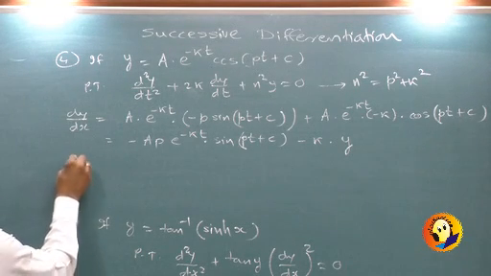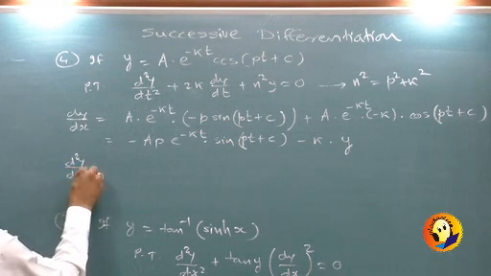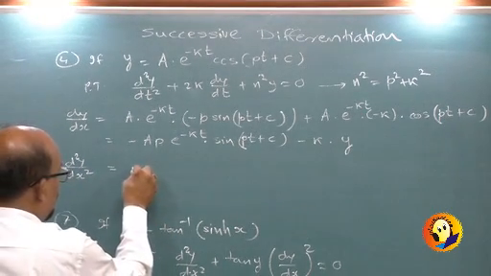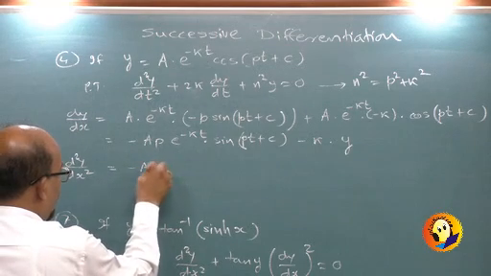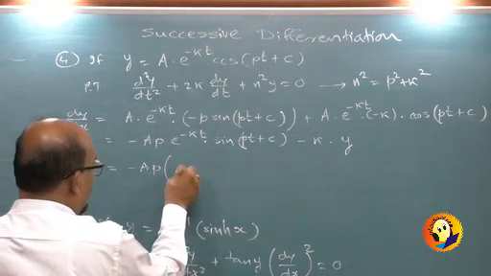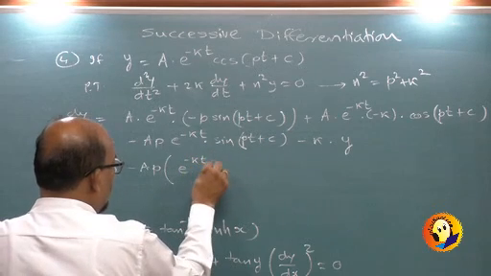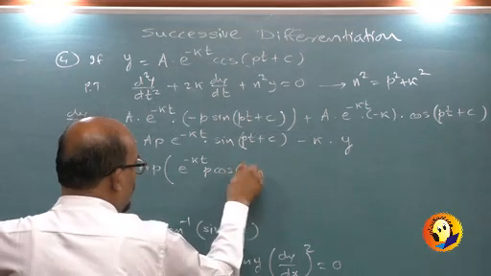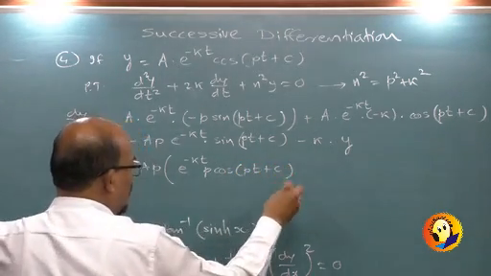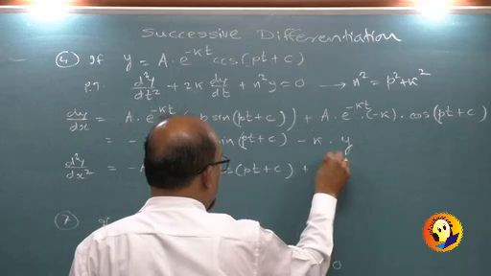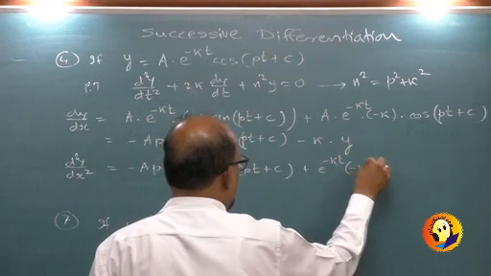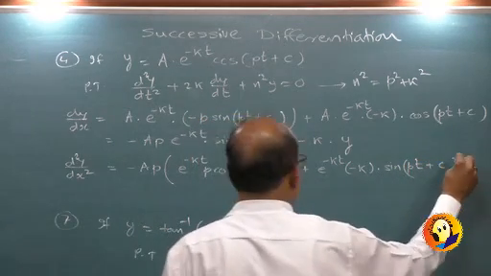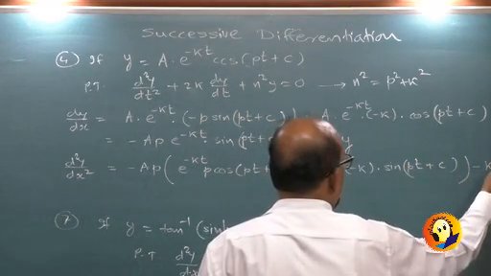So if we find d2y by dx square, it will be minus ap into bracket e raised to minus kt into cos of, rather p cos of pt plus c, plus e raised to minus kt into minus k into sine of pt plus c, minus k dy by dx.